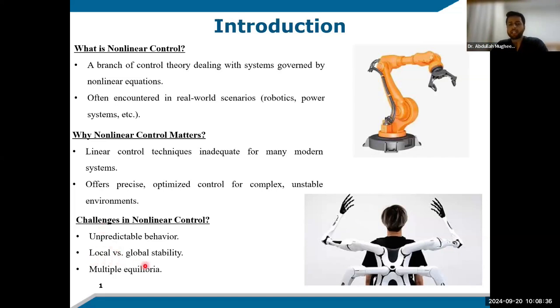So we have local and global stability issues in nonlinear control. So this local and global stability indicates that the stability here refers to whether the system that exists is stable or not. Okay, if I make this robotic arm and this robotic arm explodes after 15 minutes, 20 minutes, well, the system was not stable to begin with.